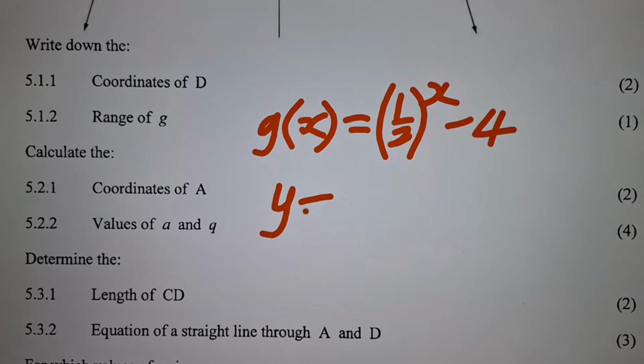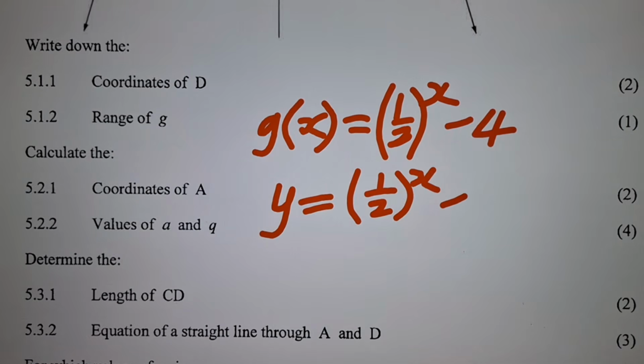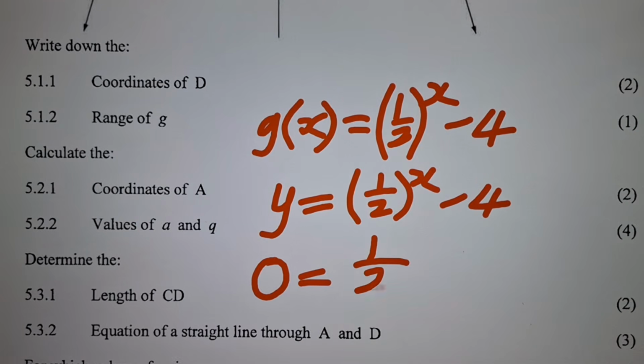So y equals (1/2)^(x) minus 4. Remember, A is an x-intercept, so y is going to be 0. For an x-intercept y is 0, but for a y-intercept x is 0. So put it like this: 0 equals (1/2)^x minus 4.